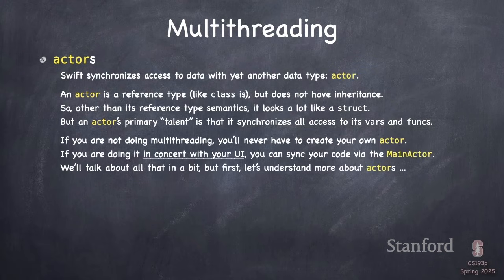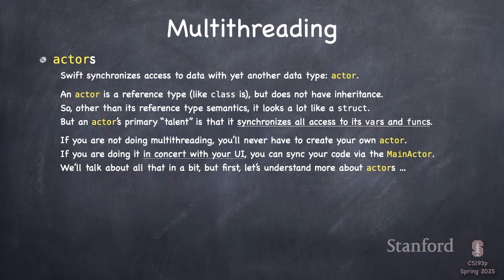Now, if you're not doing any multi-threading in your app, which, like, we don't do any multi-threading in Codebreaker, except for you do in your homework with the words thing, which I'm going to go over. But in the Codebreaker, there's no multi-threading going on. So I don't have to even think about an actor. We never even said the word actor all quarter long so far. Now, if you're doing some multi-threading, but in concert with your UI, kind of like we do in the words.swift thing there, then there's actually an actor you can use called the MainActor.